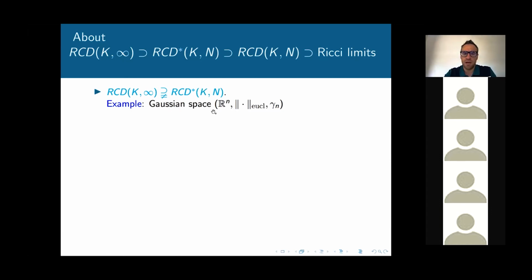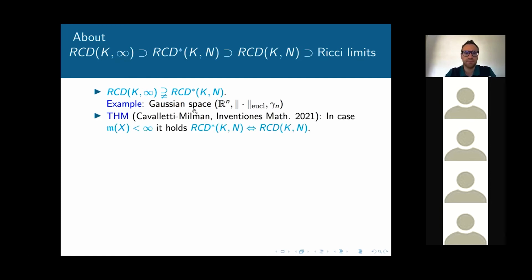So this Gaussian space is RCD 1,infinity, but it is not RCD* K',N for any choice of K' and for any choice of finite N. This is because RCD* K,N implies a local doubling property which fails in the Gaussian space. Okay, so one inclusion here is strict in a very strong sense. What about the second inclusion? What about the inclusion of RCD* and RCD?